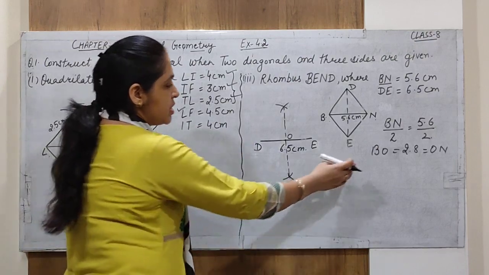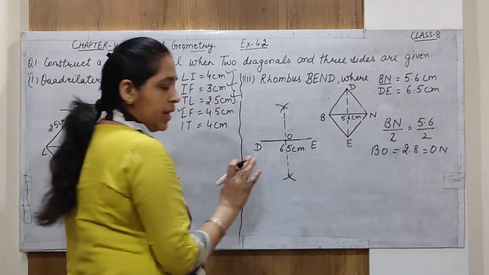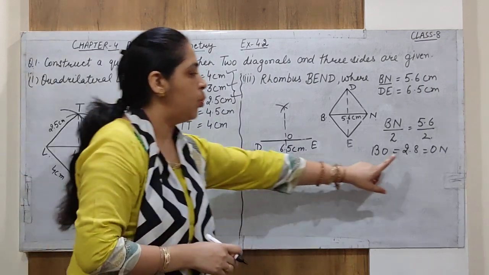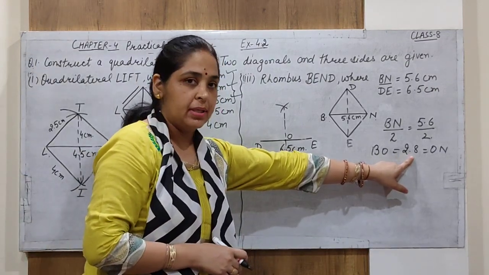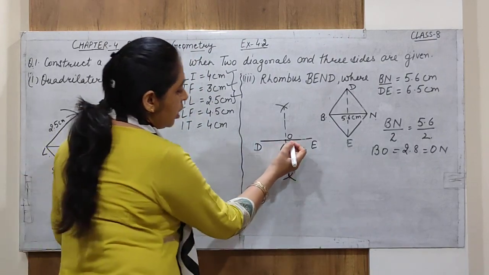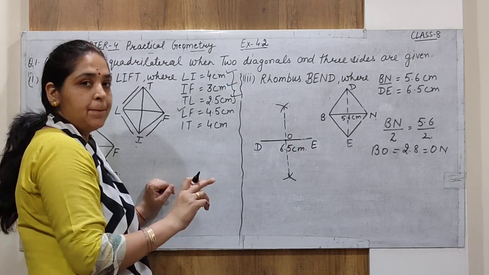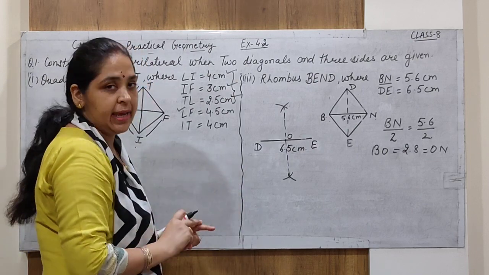That's why we take half of BN. BN is one diagonal, and its half is 2.8 centimeters. Now, place your compass at O with a measurement of 2.8.